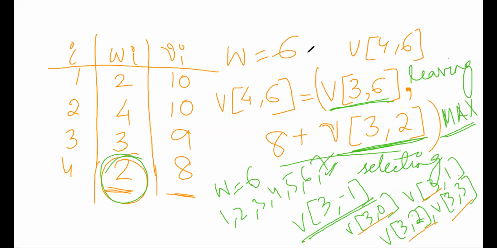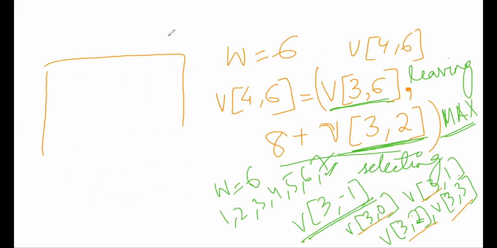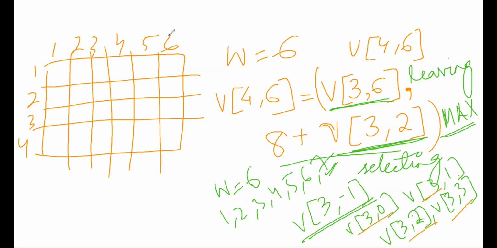With respect to the 2D array, I just erase this. If I make this 2D array that we are talking of, columns one, two, three, four, five, six and rows 1, 2, 3, 4. I'm saying that my 4, 6 is the maximum value that I'm getting. This is what I'm trying to calculate. But if you see, 4, 6 gives rise to 3, 6 and 3, 2.